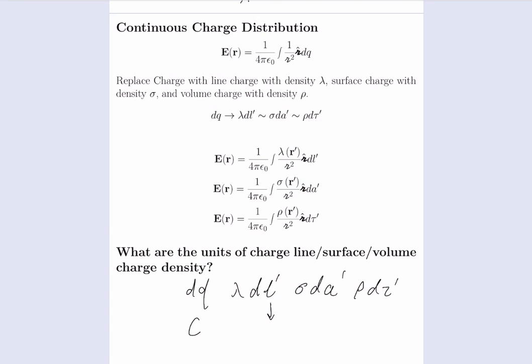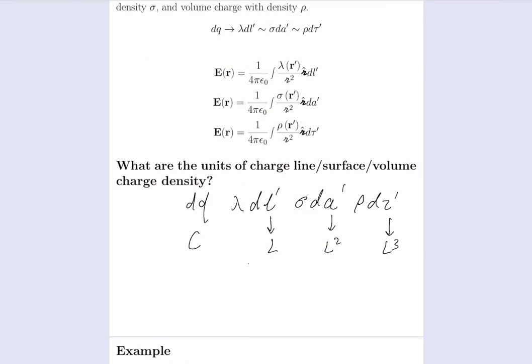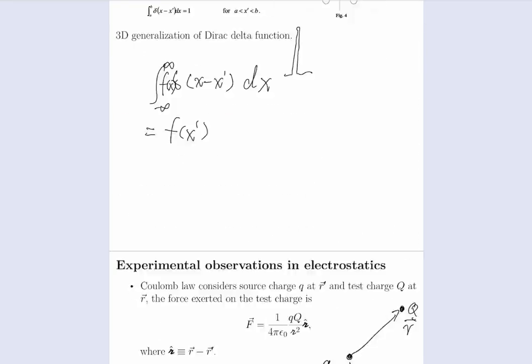However, this line element has the unit of length, and this has length squared, and length cubed. So lambda should have the unit of Coulomb over length, sigma Coulomb over length squared, and rho Coulomb over length cubed. Do not mix all of these terms, and try to check your final result to see if the units make sense. If not, you probably dropped something somewhere.